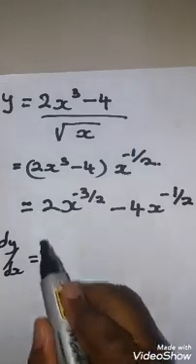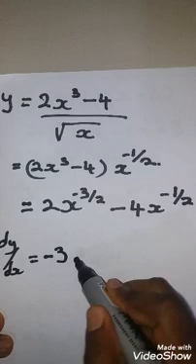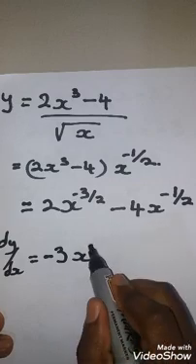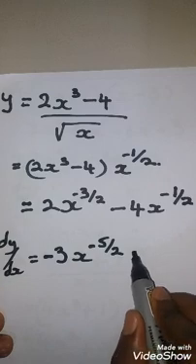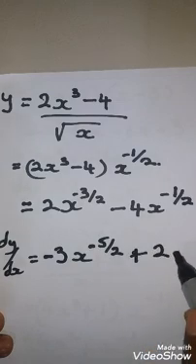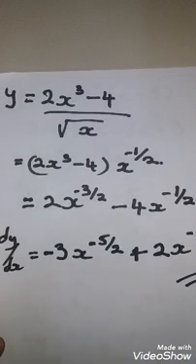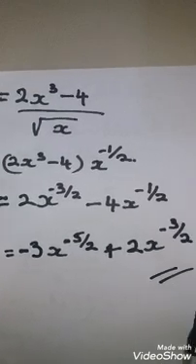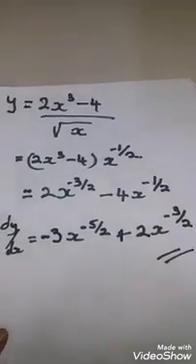So dy on dx, multiplication, I'll multiply the power by the coefficient, so that will give us minus 3x. You'll have now minus 4 times minus half, that will be a positive 2, and now it will be minus half minus 1, that will be minus 3 over 2. So that's the answer for this question.